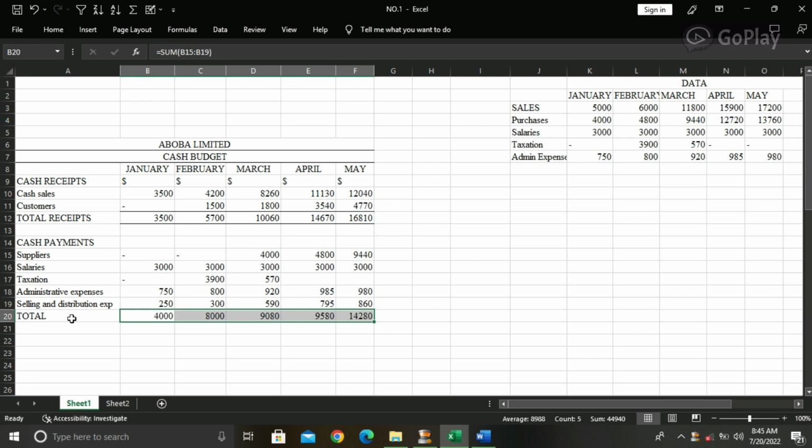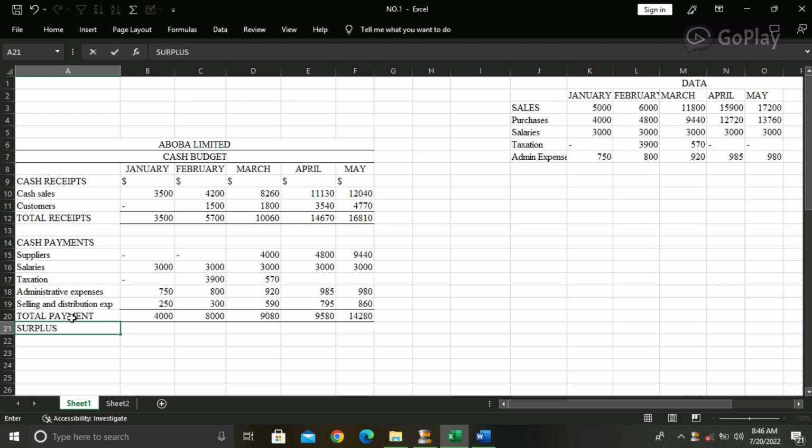So here is my total payment. Now the next thing is to subtract the total payment from the total receipt, and that is what will give us surplus or deficit. Like I was saying, the surplus means that the receipt is more than the payment, whereas the deficit means that the receipt is less than the payment.